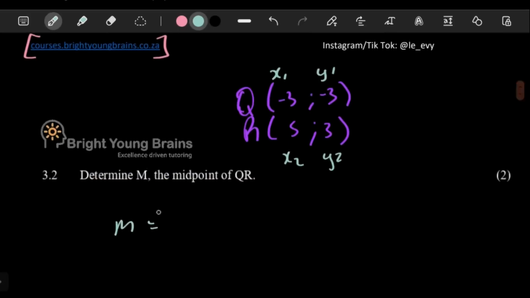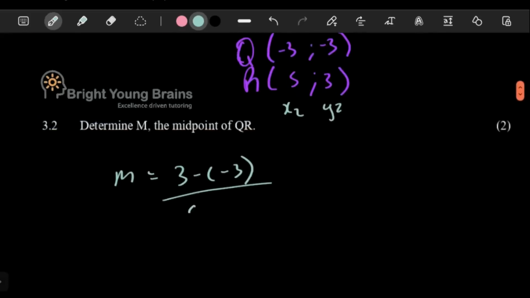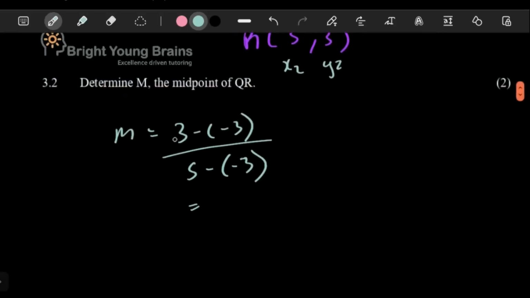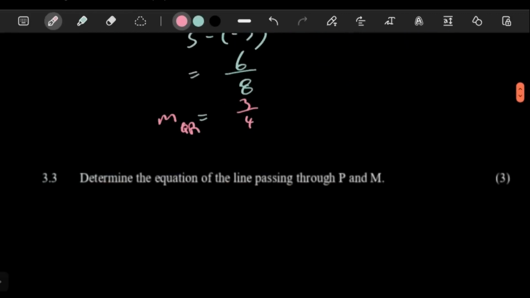The midpoint is 3 minus -3, 5 minus -3, so 3 plus 3 is 6, 5 plus 3 is 8. Simplifying, it's 3/4. That's the gradient of QR. Probably going to need it for something.